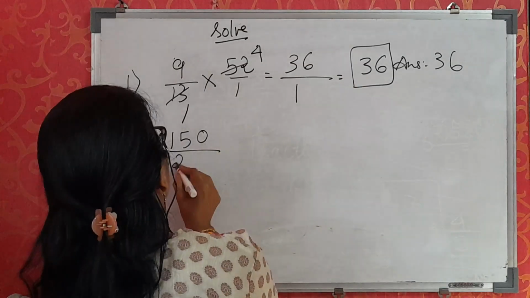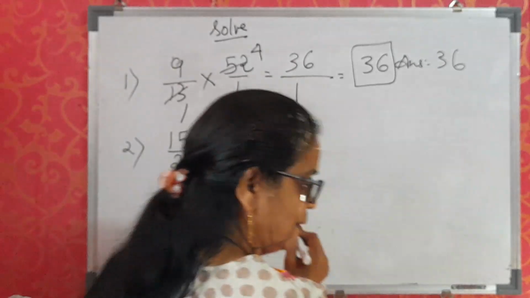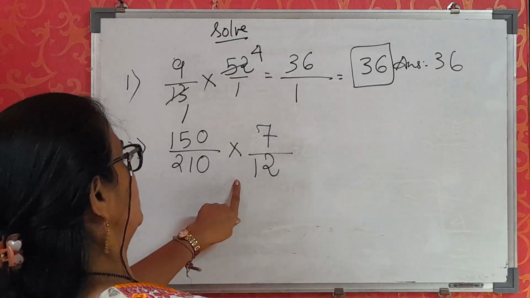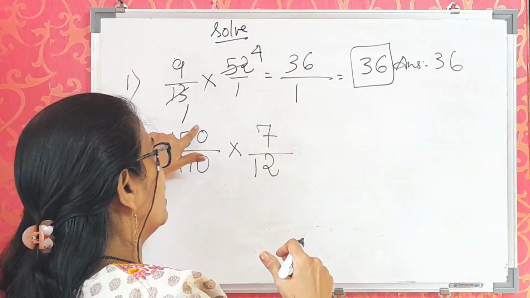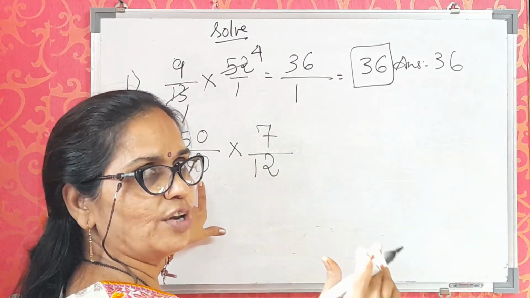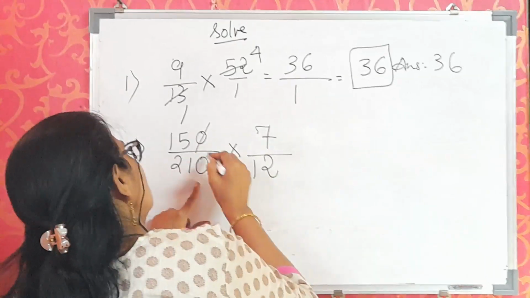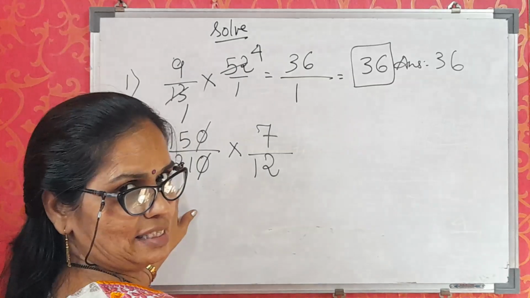150 divided by 210 multiplied by 7 divided by 12. This is your question. Now in this case, what will you do? If the last digit of the numerator and denominator is 0, you have to cancel it. So now it will become easy to cancel.